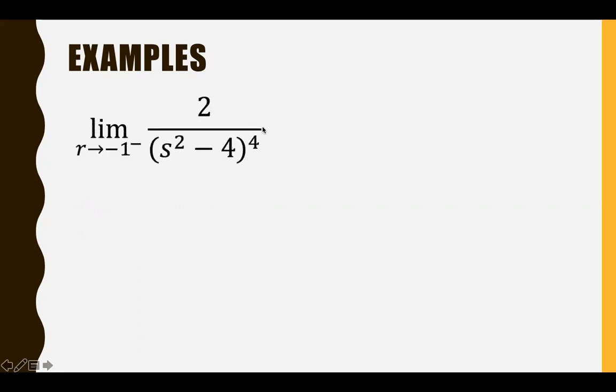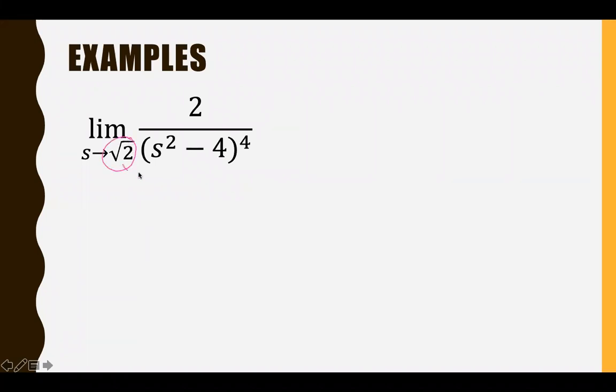Technically, if you are provided with a problem like this, if you substitute the square root of 2, the denominator will not be 0. So we solve it with s squared, so the square root of 2 squared, minus 4 to the power of 4, because again s is equal to the square root of 2.